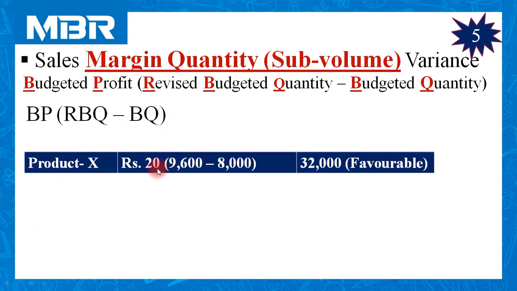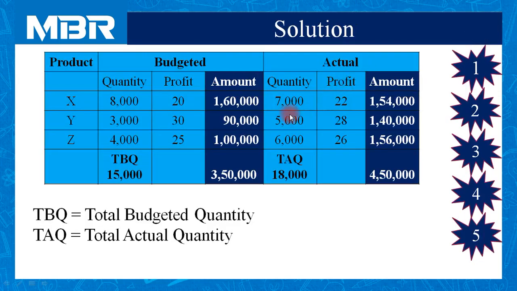Product X, 20 rupees budgeted profit, revised budgeted quantity 9,600 that we have completed just before a moment at the time of calculation of sales margin mix variance. Budgeted quantity is given as 8,000 units over here.